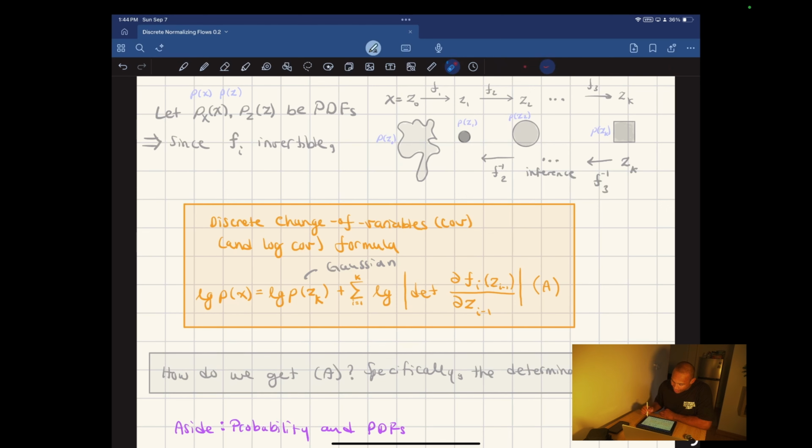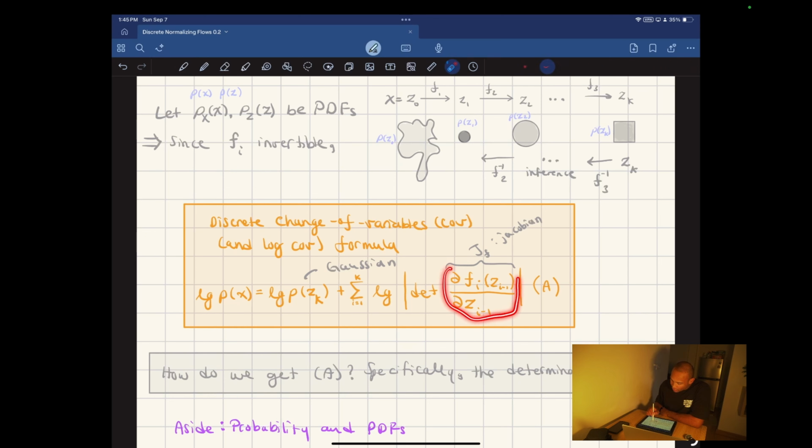We essentially add the sum of i equals 1 to K of the determinant of the Jacobian.